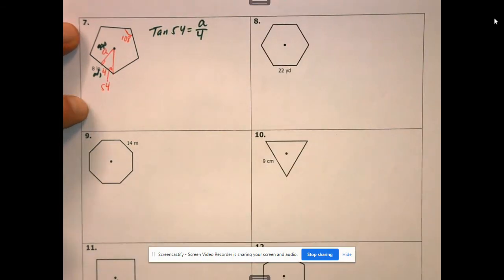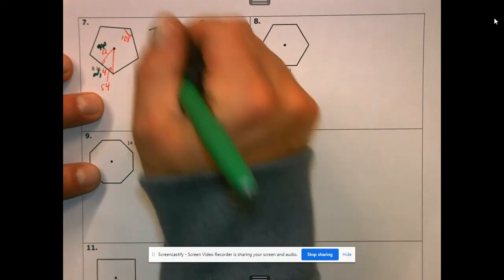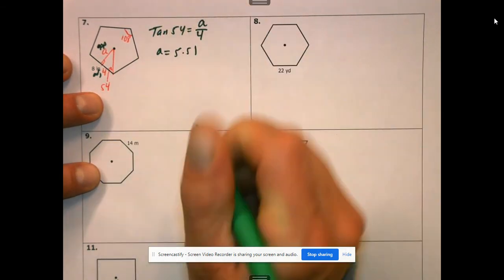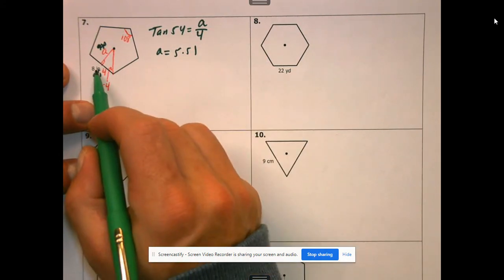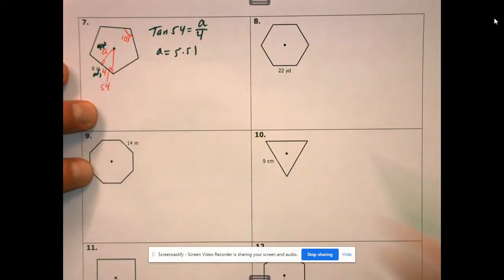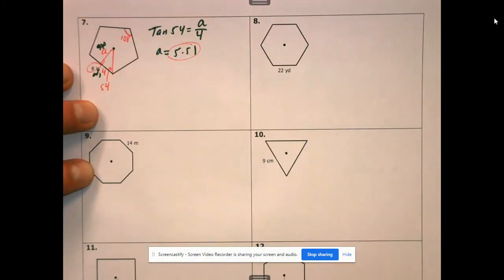So 4 times tangent 54 comes out to be, if you type it in correctly, 5.51. So now we have our apothem, and then we can multiply the side by 5 to get our perimeter. We have all the pieces technically.